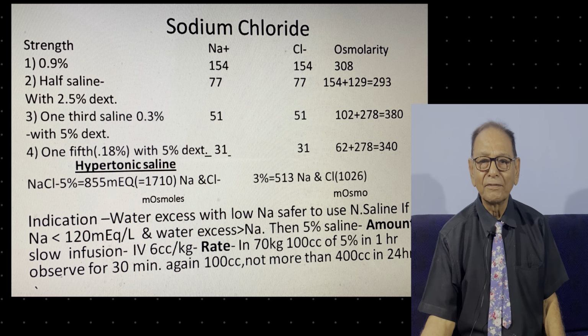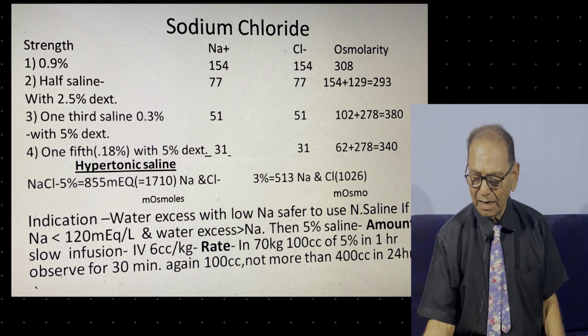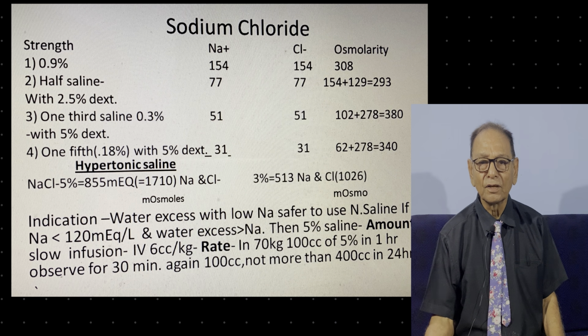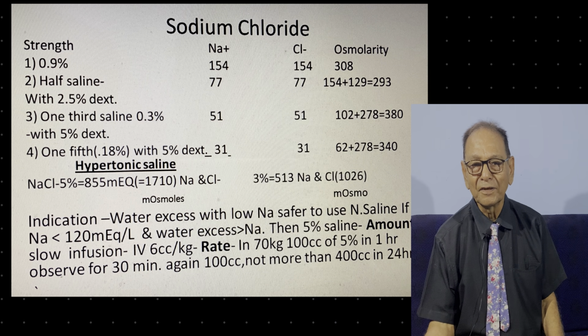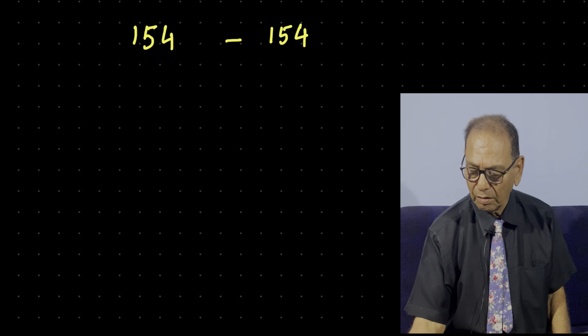Let's see how we have calculated that it contains 154 milliequivalents of sodium and 154 milliequivalents of chloride. It will require a bit of knowledge of chemistry, especially the mole count. All books write that a normal saline or isotonic saline has the strength of 154 milliequivalents of sodium and 154 milliequivalents of chloride.